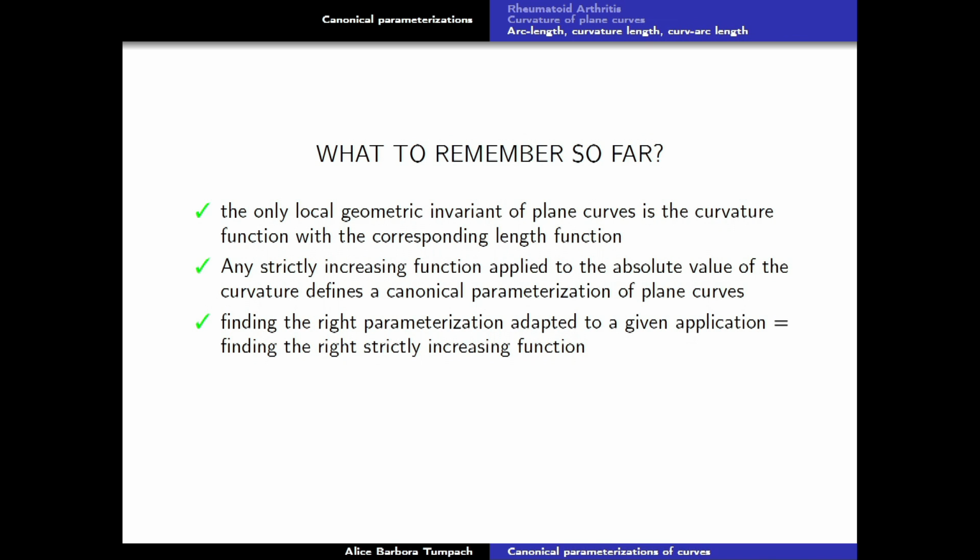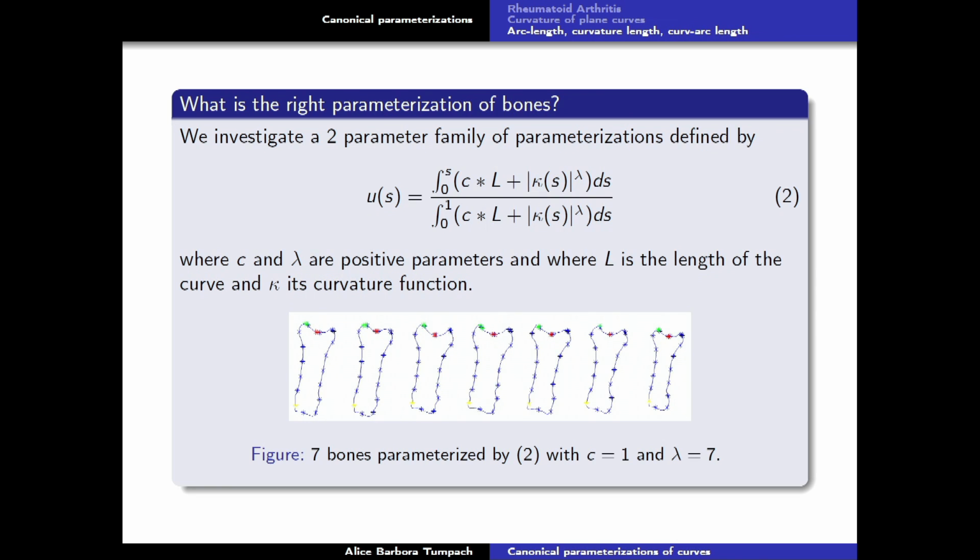And finding the right parameterization adapted to a given application is actually finding the right strictly increasing function. So what is the right parameterization of bones? In this example of bones, we investigate a family of parameterizations. There are two parameters, C and lambda here. In order to recover the costly algorithm of Dodberg that is used in the hospital, the best parameters that we get are these ones.